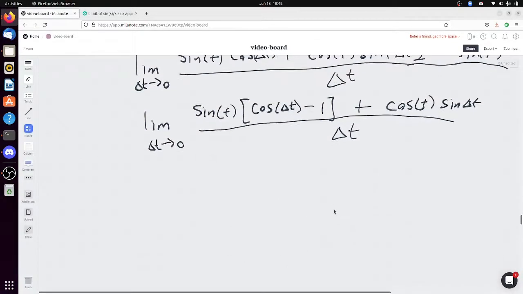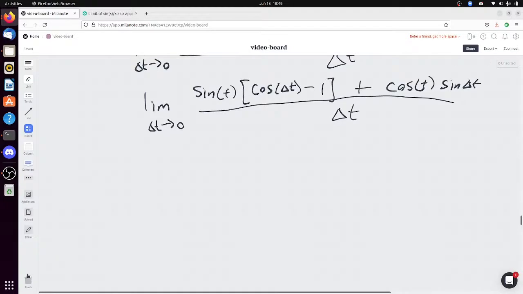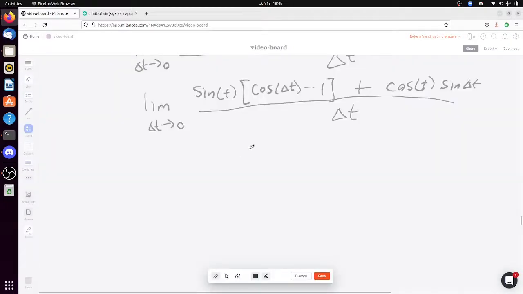Well, one thing to notice is that we actually do have a separation here. We have sine of t, which isn't dependent on delta t at all. This term here is really a constant with respect to delta t, and the same story over here. So what we could do is apply the limit to each term, and this is using a special limit property that I haven't gone over, but it's a known property of limits.